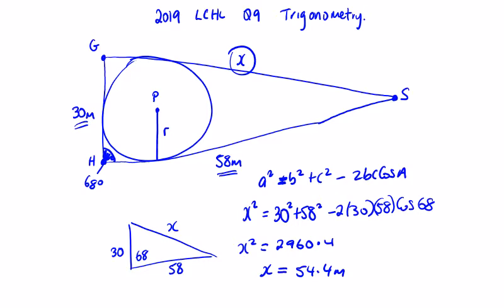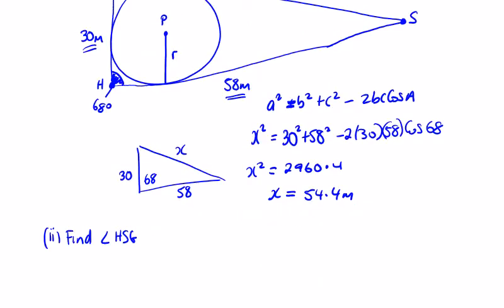So that's part one. Part two of the question asks us to find the angle HSG, which you can see is this one here. And we now have x of 54.4. So we can use the sine rule. So the sine of 68 over 54.4 is equal to the sine of angle A over 30.